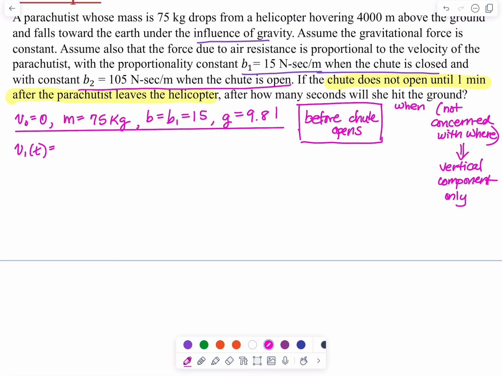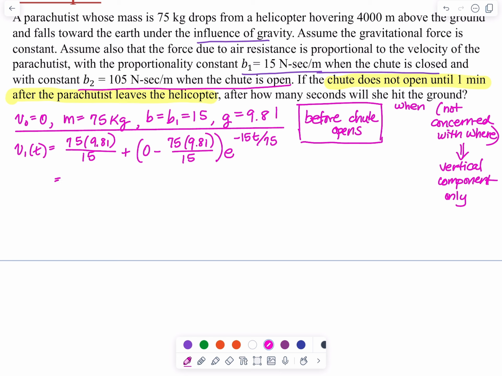So we have 75 times 9.81 divided by 15, plus our initial velocity 0, minus 75 multiplied by 9.81 divided by 15 multiplied by e to the opposite of 15 times t divided by 75.